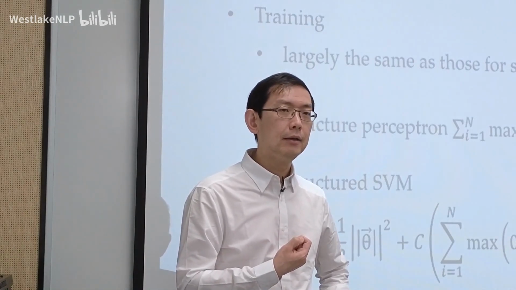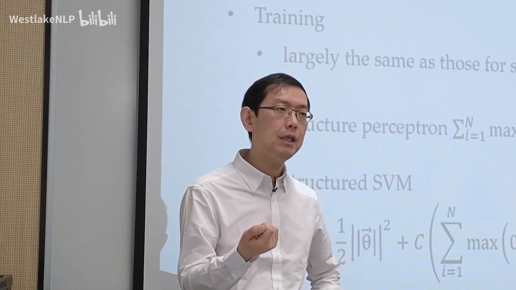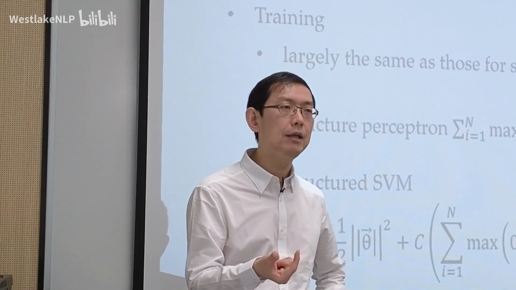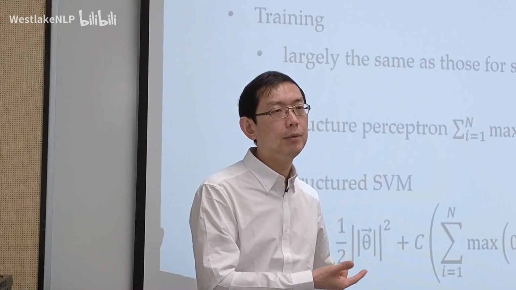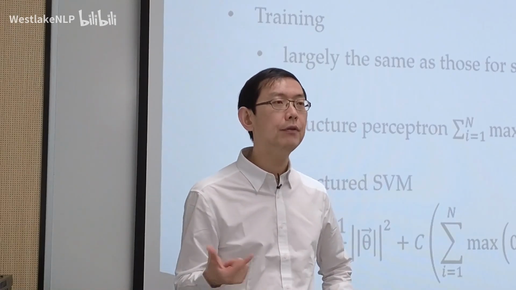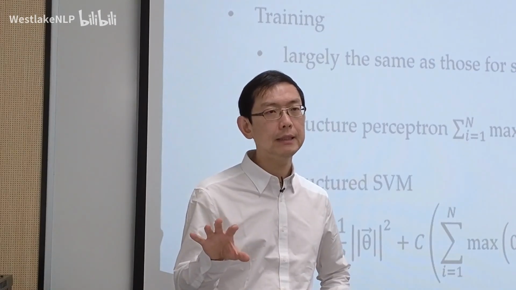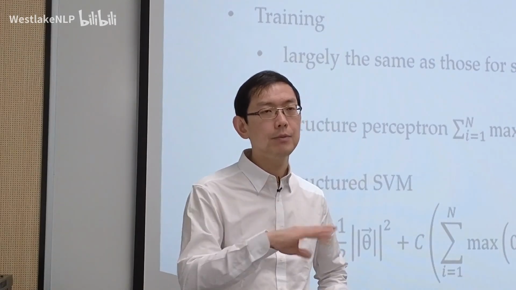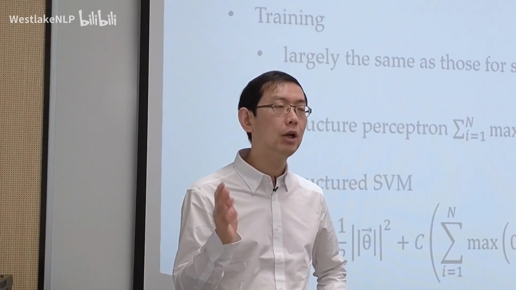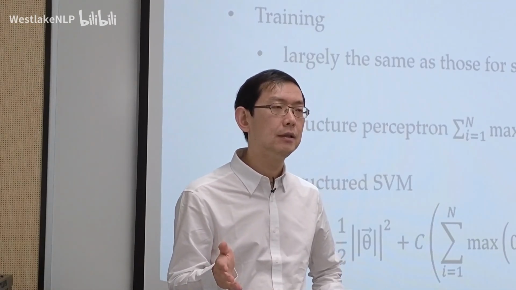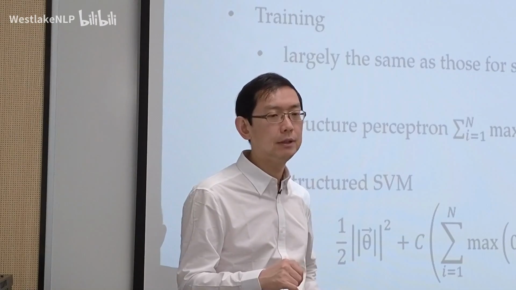Okay, so here, for sequence segmentation, this finding of a max differs from sequence labeling, right? Because the decoding algorithm is a different dynamic program. So this is the only place where perceptron and SVM are not the same as for sequence labeling, okay.